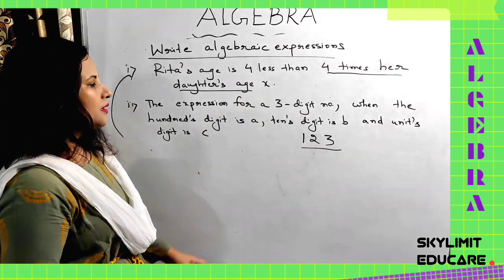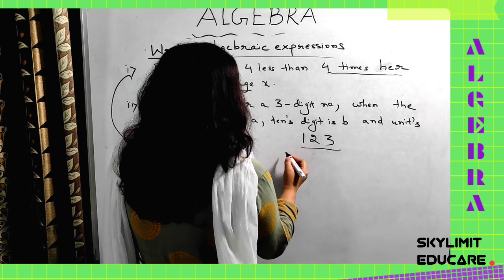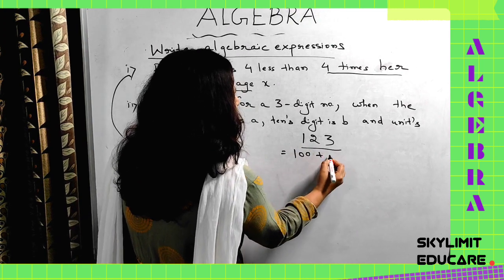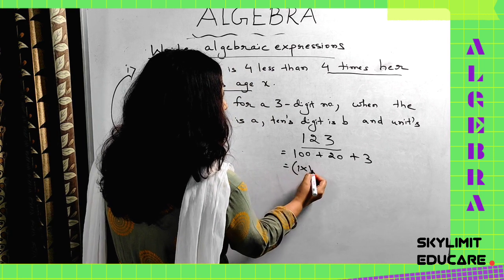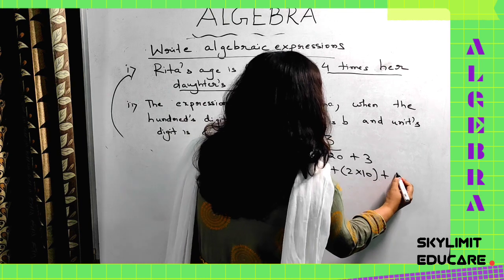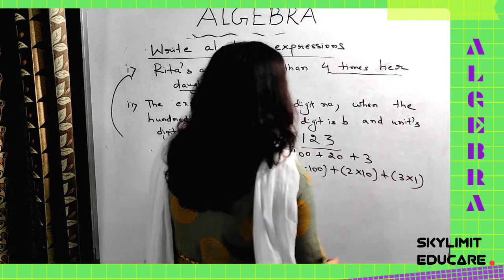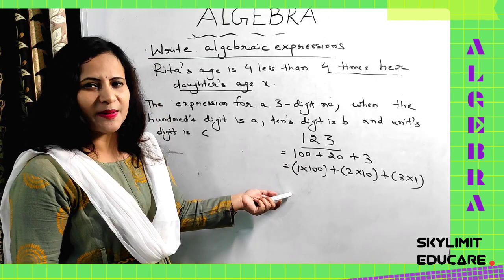How are you going to write the expanded form of 123? It's 100 plus 20 plus 3, or 1 multiplied by 100 plus 2 multiplied by 10 plus 3 multiplied by 1. This is the way you write the expanded form of 123.